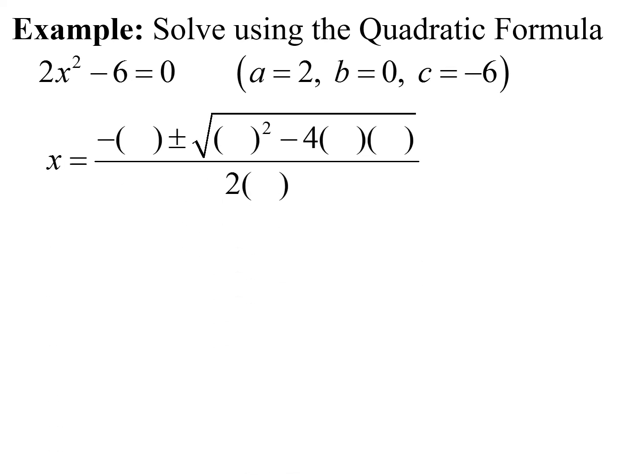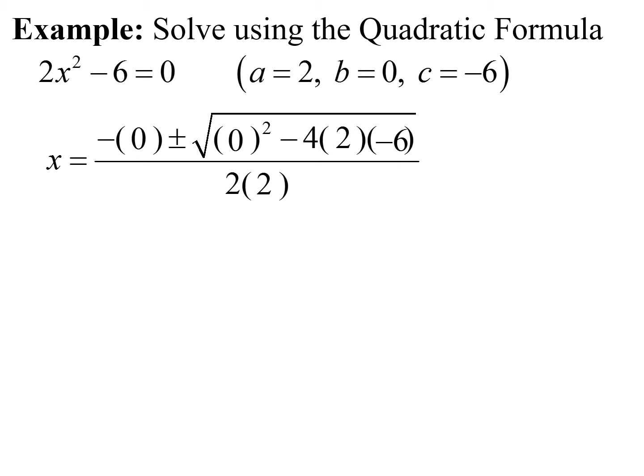So when I'm filling in the blanks for my quadratic formula, I have x equals negative b plus or minus the square root of b squared minus 4ac all over 2a. So my first two blanks are both going to be 0. Then I have minus 4ac. So 4 times a, that's 2, and then c is negative 6, all over 2a, which is 2.